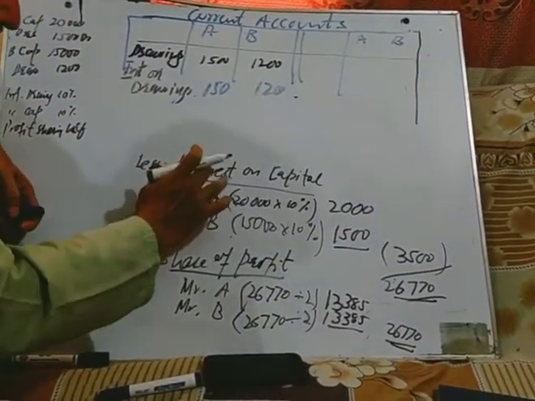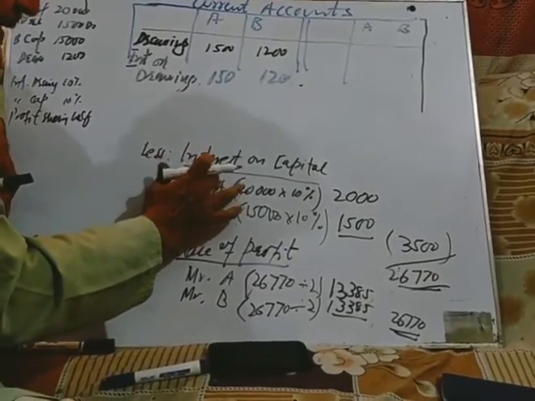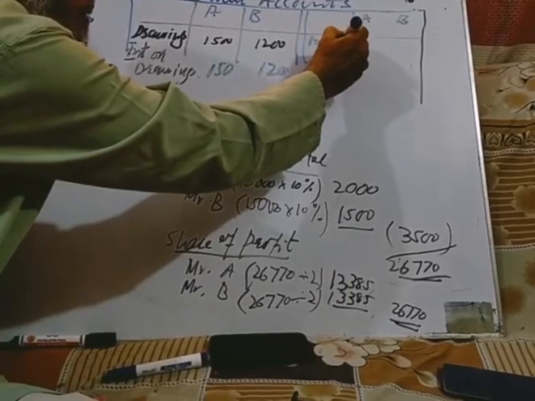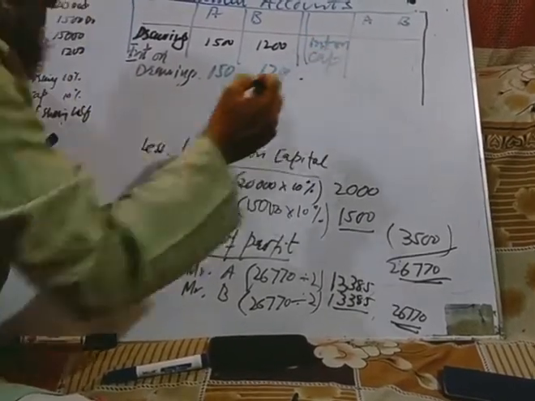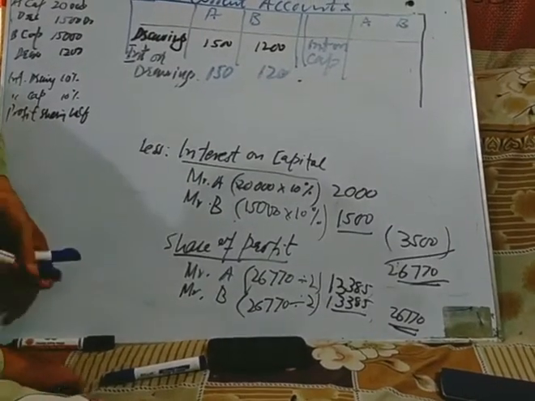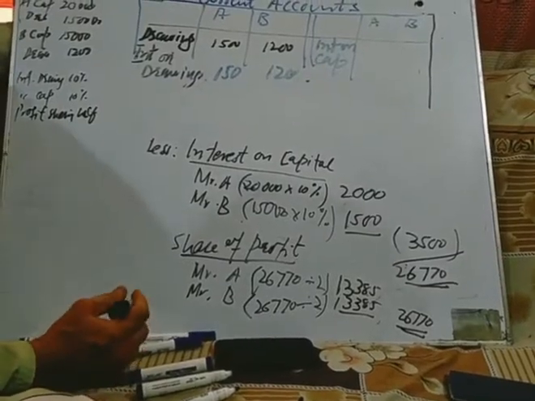Now, let's come to another point of agreement. Interest on capital. Interest on capital comes over here in the credit side because it increases the current account.